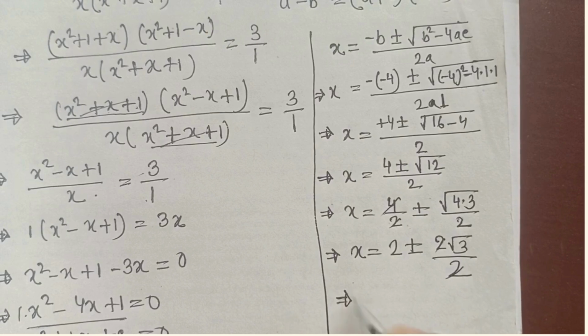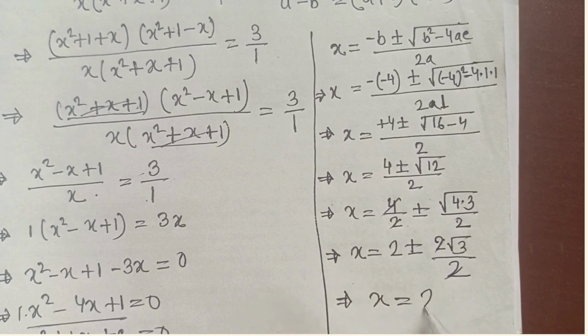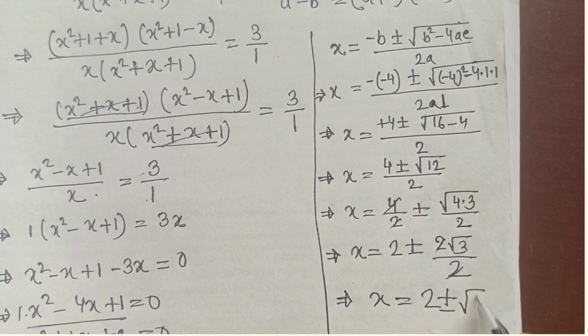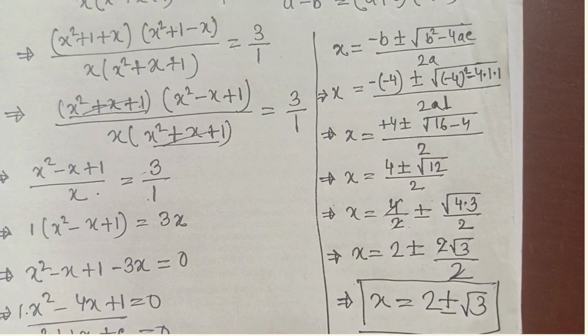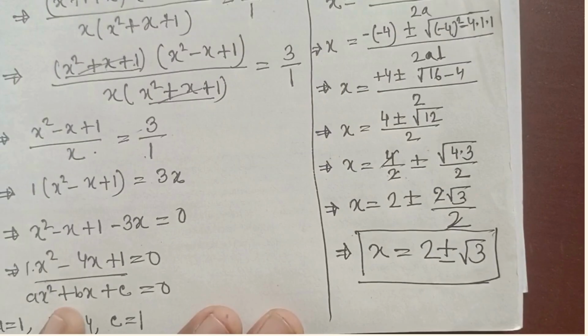So the answer will be x is equal to 2 ± √3. So we got the solution or value of x, x is equal to 2 ± √3.